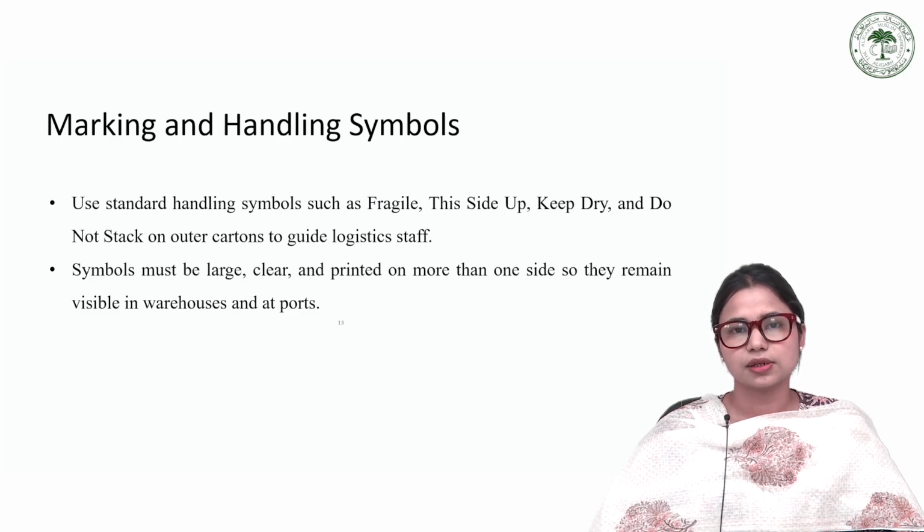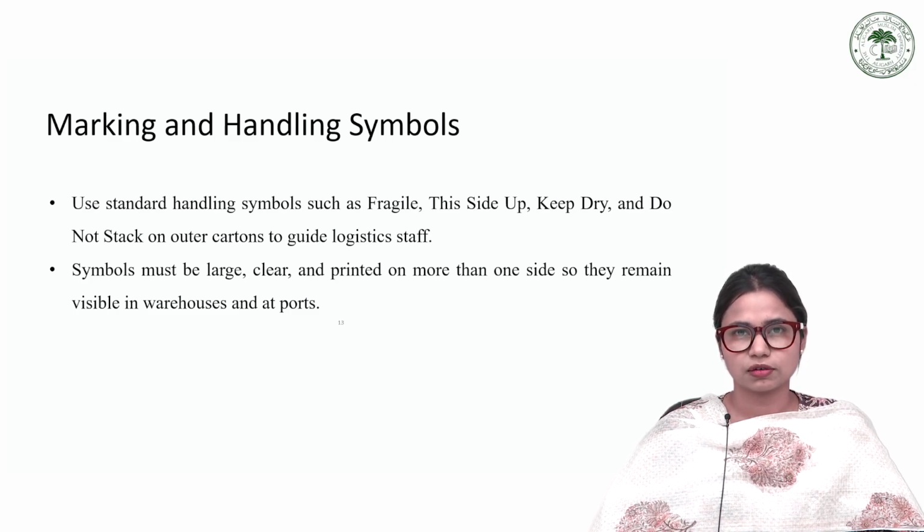Marking and handling symbols. There are some standard handling symbols that you might see on various products. For example, fragile or this side up. It is mostly seen in electronic appliances.